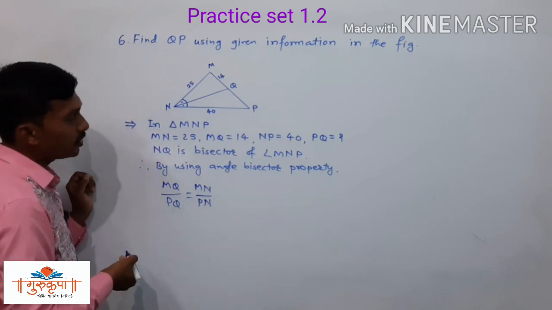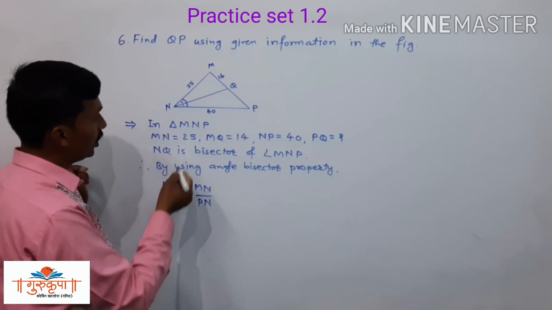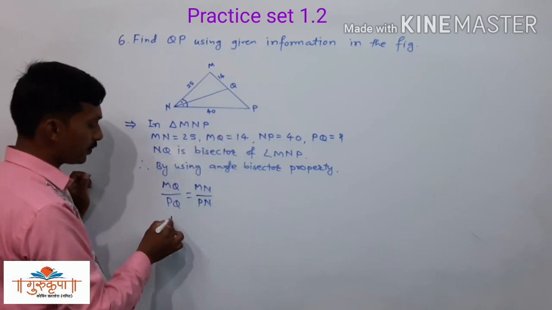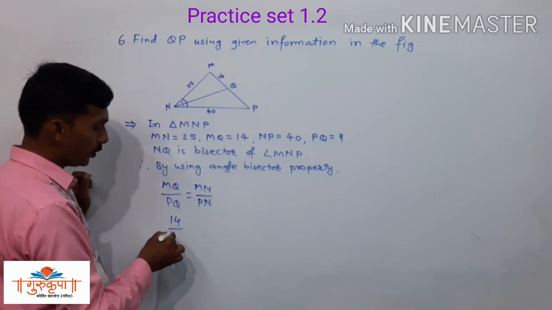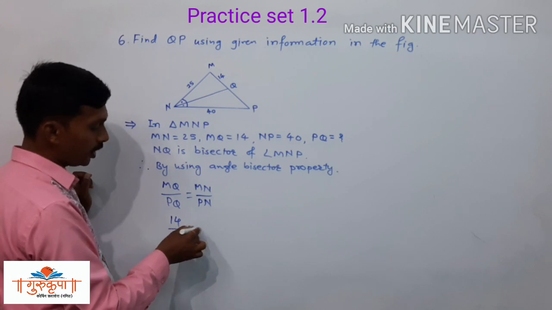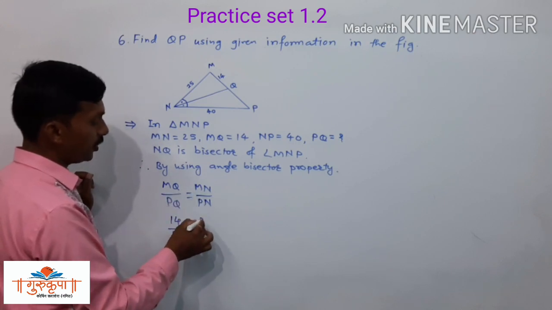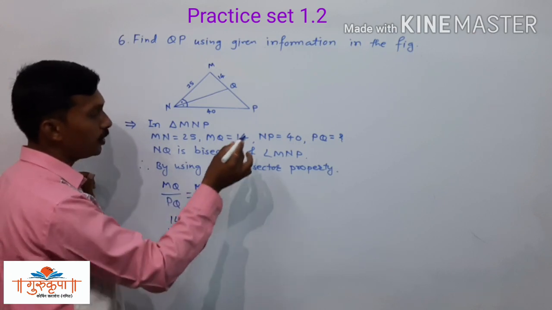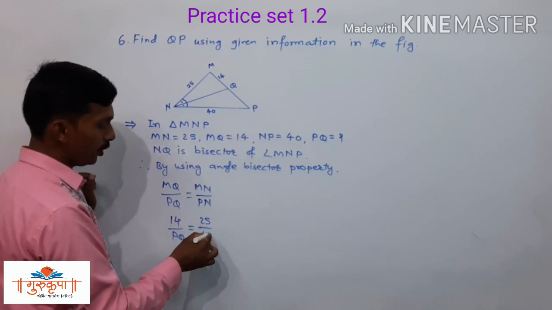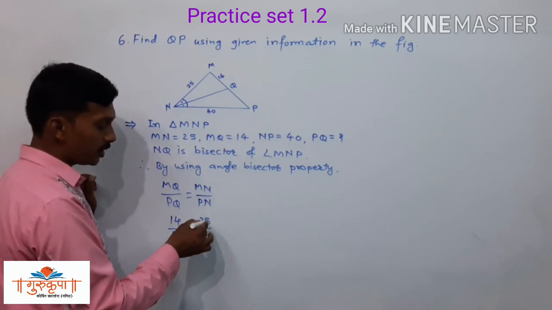Now put the values there and find PQ. Here MQ is given 14, upon PQ we have to find, that is equal to MN is given 25, upon PN is given 40. Now here we can simplify this ratio.